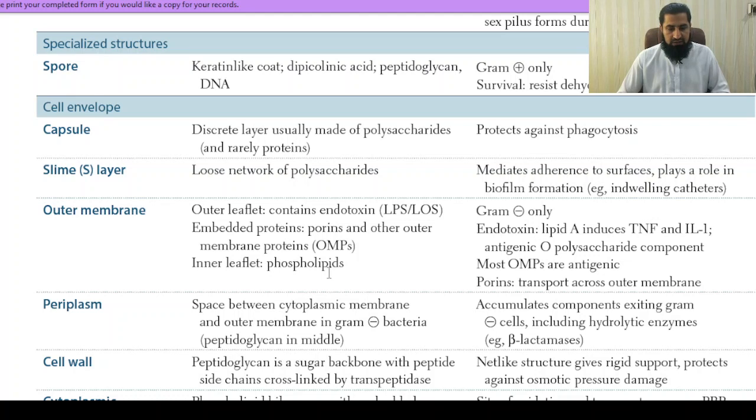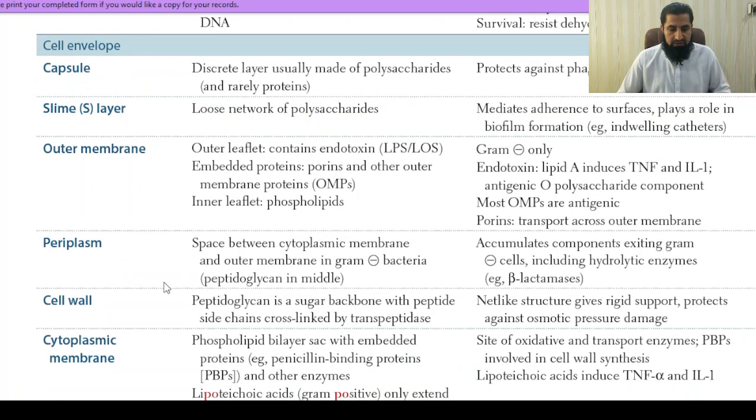Inner leaflets are made up of phospholipid bilayers, present only in gram negative bacteria. Endotoxin lipid A induces tumor necrosis factor and interleukin 1, and antigens are the polysaccharide components. Most outer membrane proteins are antigenic, while porins transport across outer membranes.